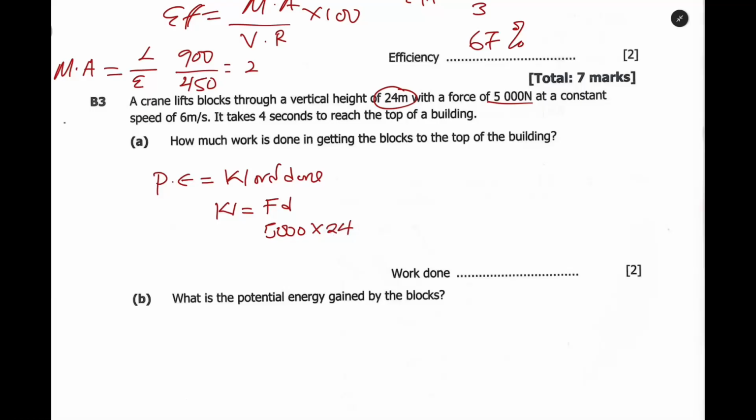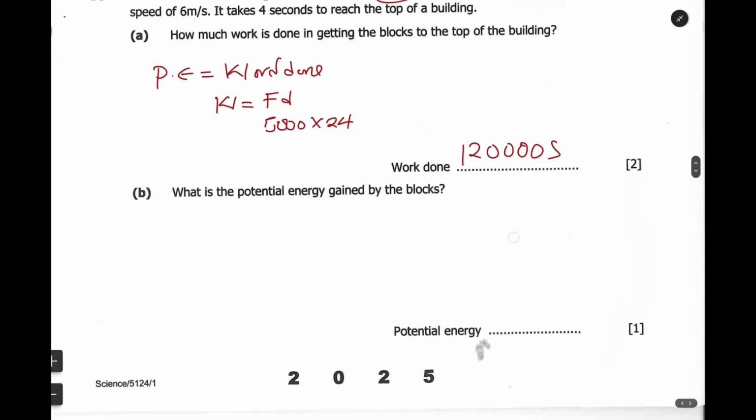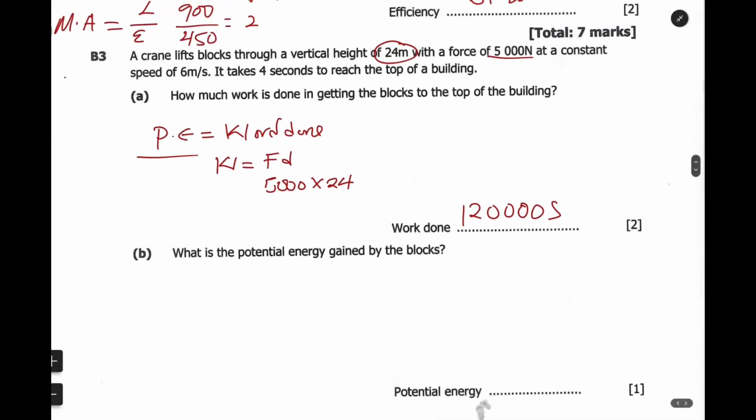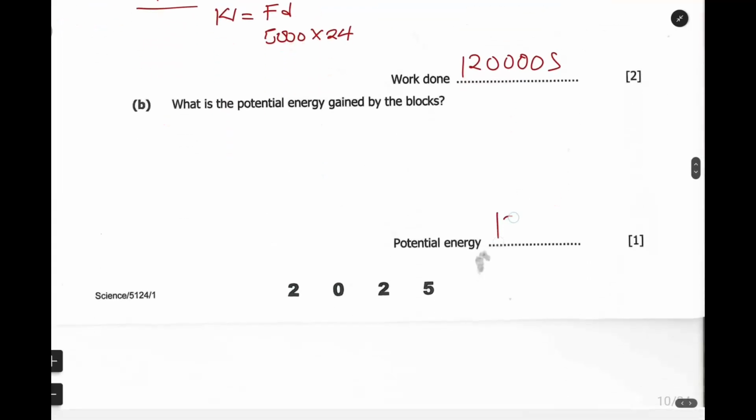So 5,000 multiply 24, and this gives us 120,000 Joule. What is the potential energy gained? I said potential energy is equal to work done. So the work done in lifting this block to the top of the building is equal to its potential energy. You know that potential energy is a stored energy. And therefore here it is equal to 120,000 Joule.